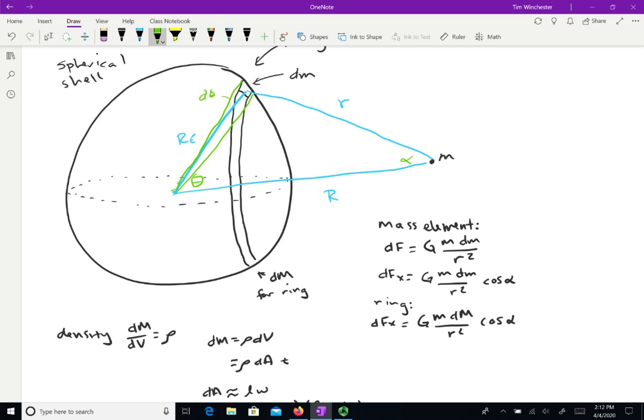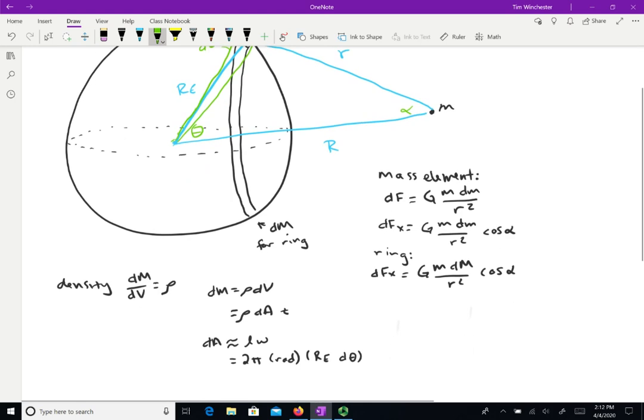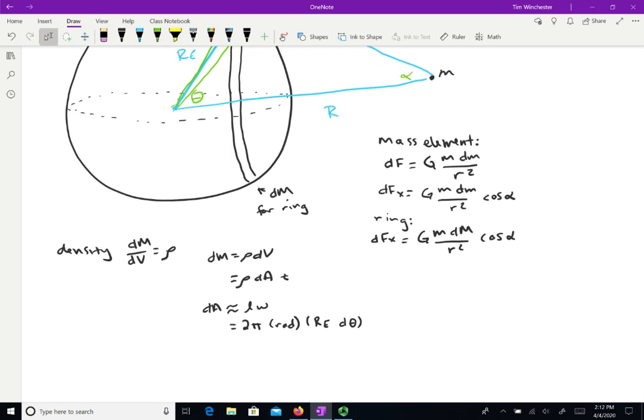You imagine making theta ever so slightly larger to go from one end of the ring to the other end of the ring, and then you have d theta. You should take a minute to convince yourself that the width of that ring is R_E times d theta, and that 2 pi times the radius of the ring is the length.